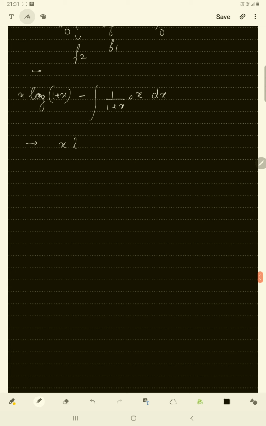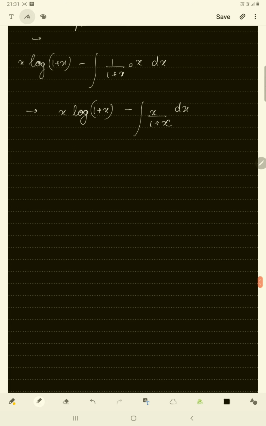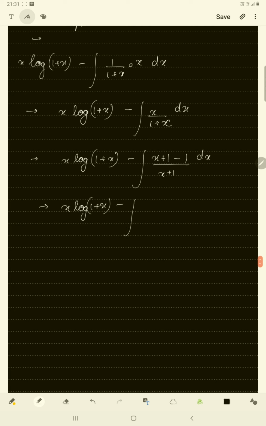So now we get x log 1 plus x minus x, and we have a 1 by x in the denominator as well. Let me first write it like this, and then we can add a 1 and subtract a 1 from here. So we have x log 1 plus x minus x plus 1 minus 1 upon x plus 1 dx. Separating these terms out, we have 1 minus 1 by x plus 1.